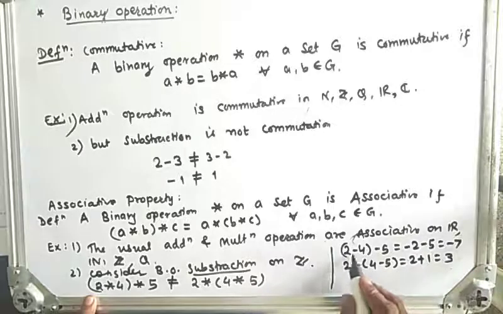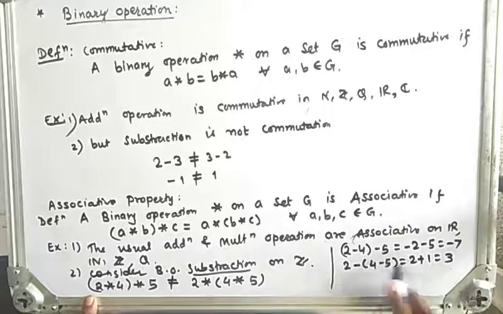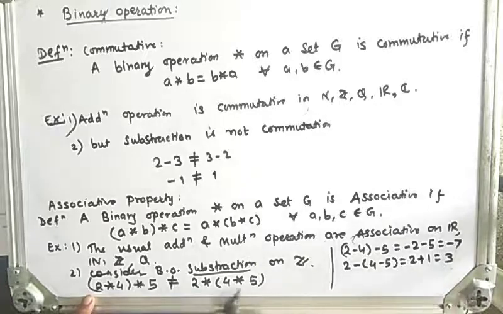So (2 minus 4) minus 5 has value minus 7, and 2 minus (4 minus 5) has value 3, which is not the same. Therefore we say subtraction on Z is not associative.